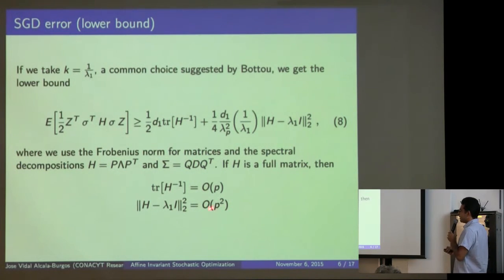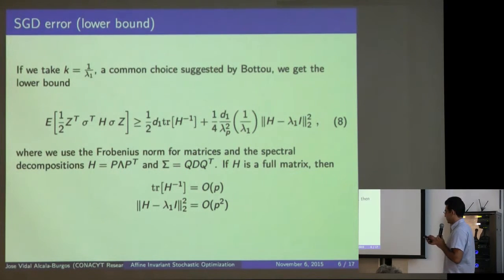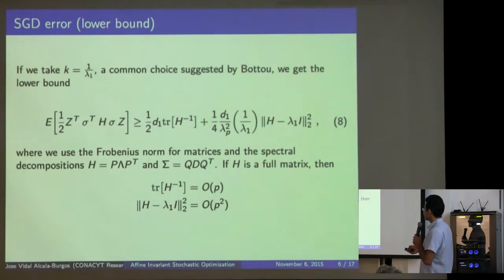So the error that we have with the stochastic gradient when H is a full matrix has two components. The first one is order P, and the second one is order P squared, where P is the number of parameters. So this says that we should do something. This cannot really work when P is very large, which is the case in many applications. So what do we do?